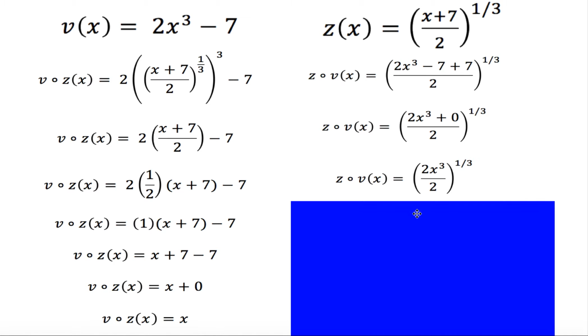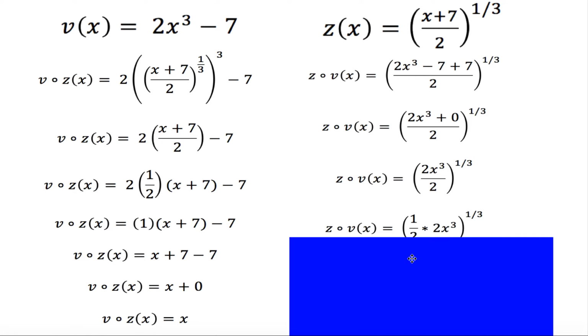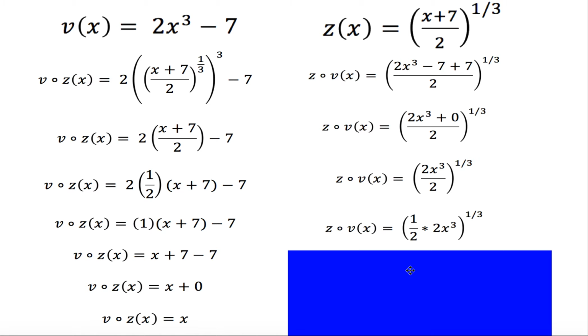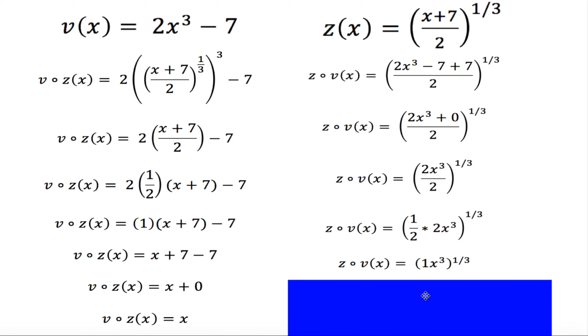Well, now we're going to rewrite this here, and so we know that this is equivalent of writing 1/2 times 2x to the third. Well, 1/2 times 2, those two are reciprocals, and so by multiplying by the inverse, we know that we're going to end up with our identity, which is 1.